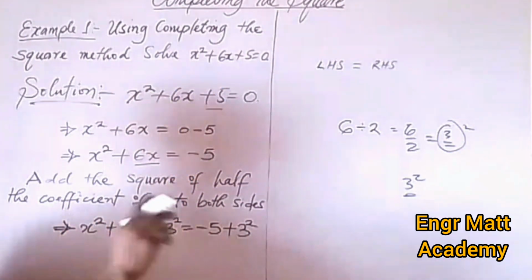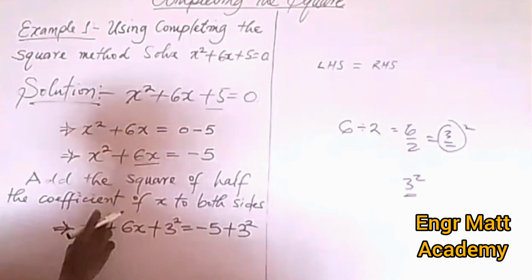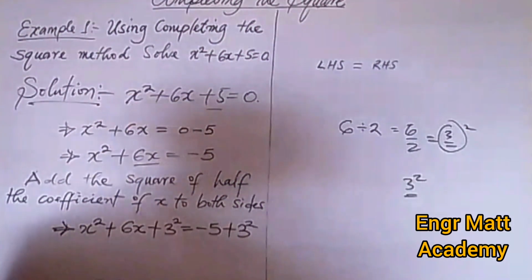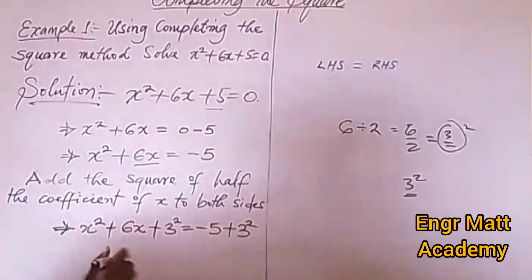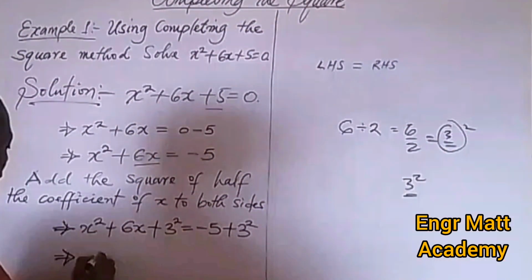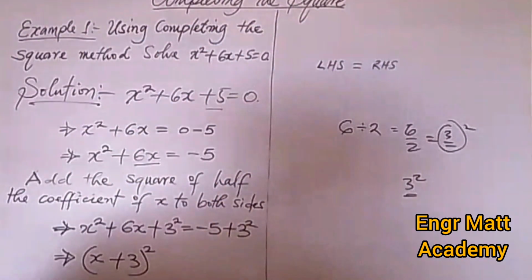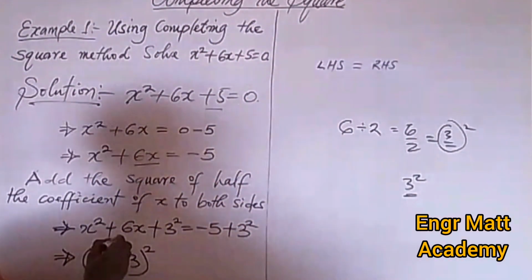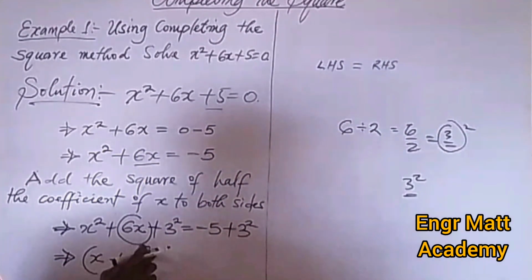Having done this, we notice two squares on the left hand side, x squared and 3 squared. At this point, we combine the squares together. That is, we say x plus 3 squared. What did you notice? We have left out the middle term. Yes, 6x has to go. So we now have x plus 3 squared.